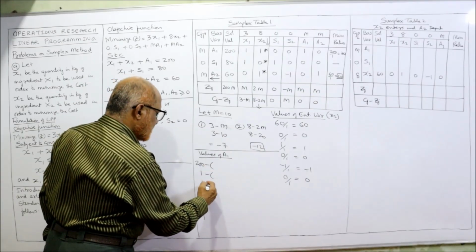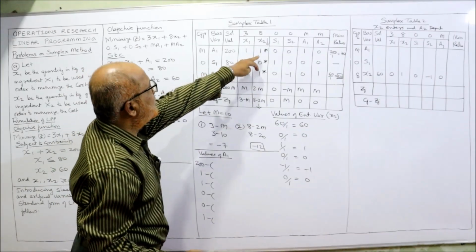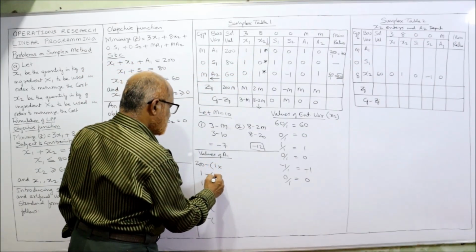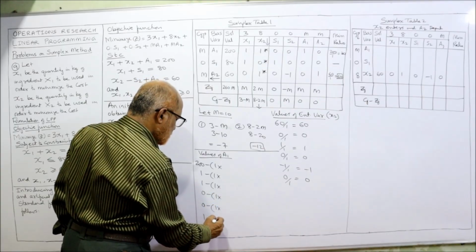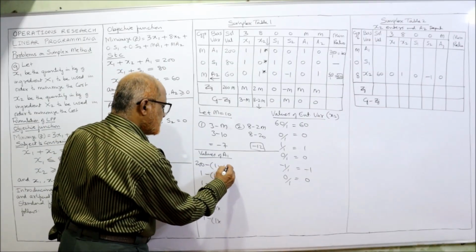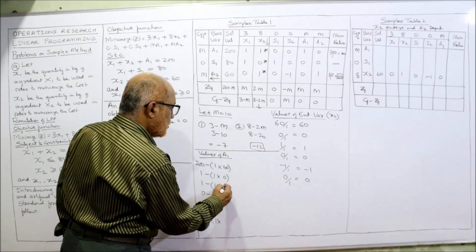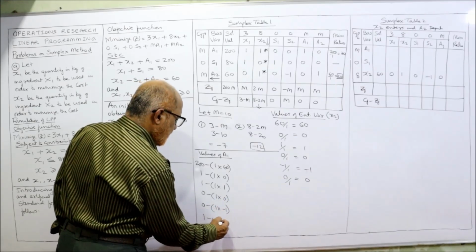What is the intersectional element of A1? 1. Values of the entering variable are 60, 0, 1, 0, minus 1 and 0.